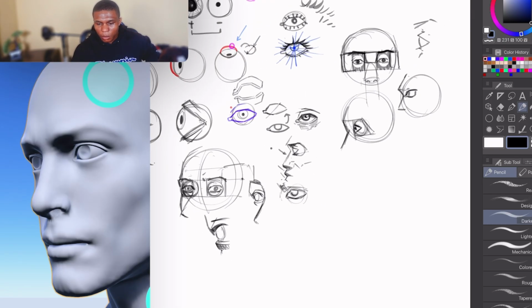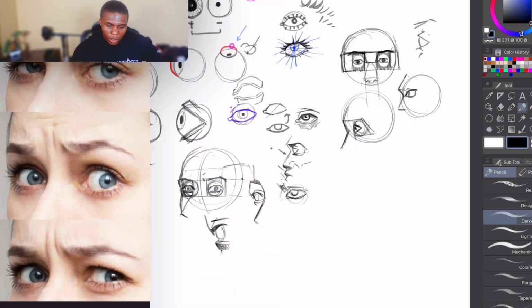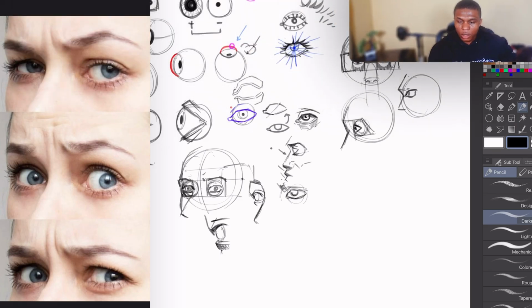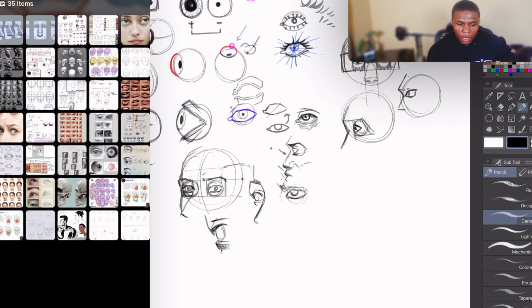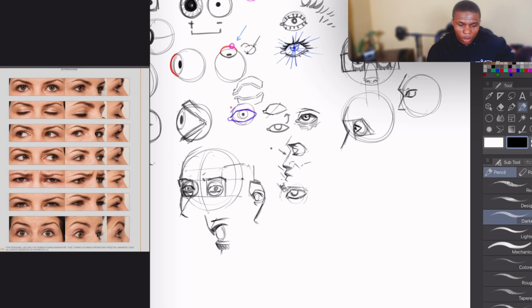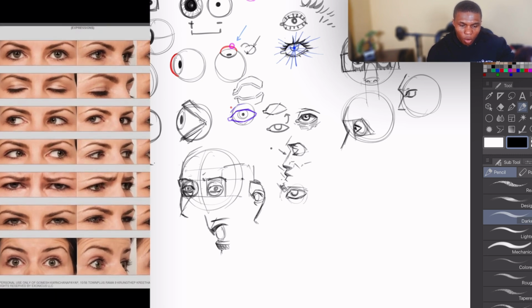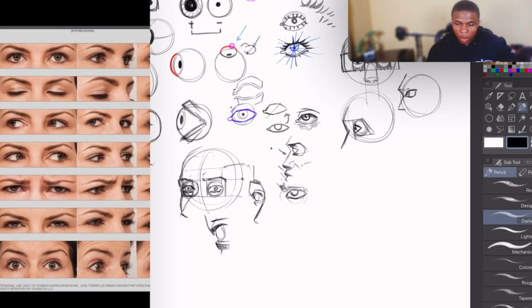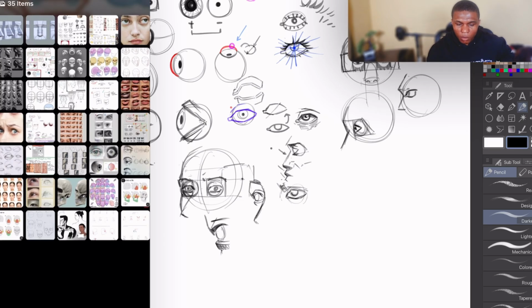So another thing is about expressions. When you're drawing the eyes in different expressions, you should know that the things that make the eyes move the way they do is because of the muscles around the eye. And it's the same thing with our mouth.